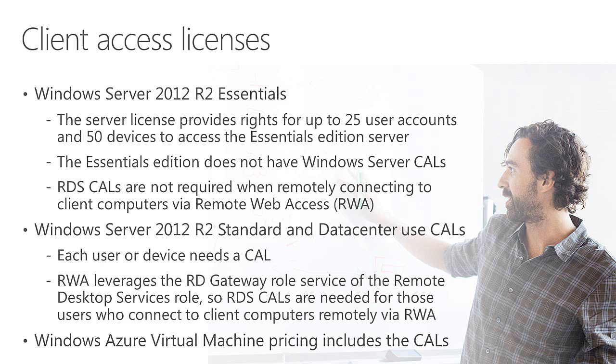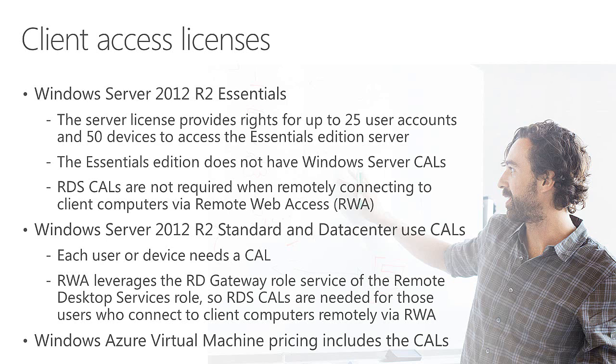We talk more about this in future modules. I talk about it quite a bit in our last module, which is the user experience and how you can have the users connect remotely into an environment in different ways, where you can use RWA if you want to do that.